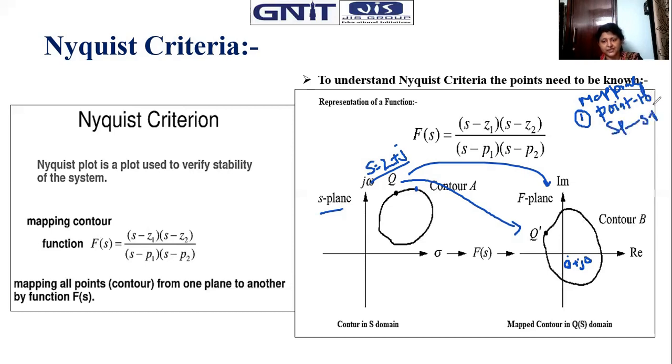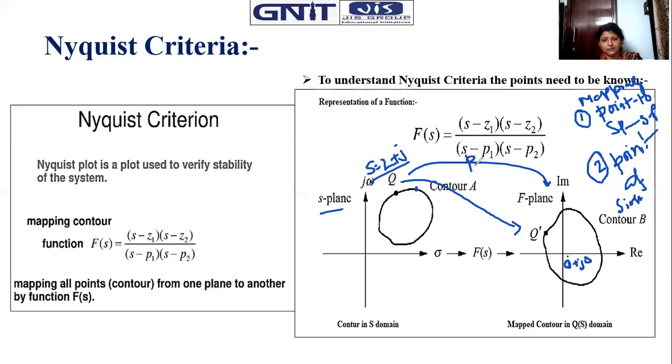Mapping is very important in the case of the Nyquist plot mainly, as well as understanding of the theorems. So if we consider this one as the contour, all the positions of the periphery we are considering will be mapped over there, and we will find another contour, right?